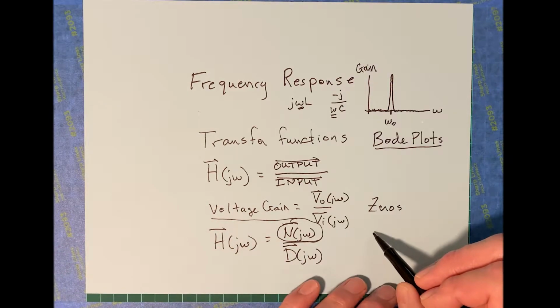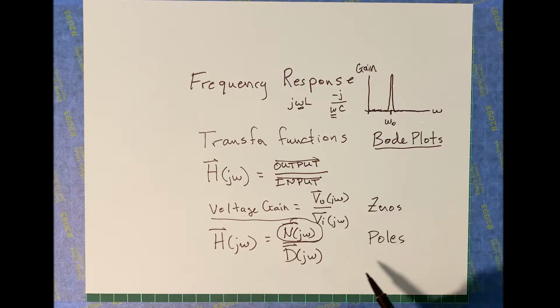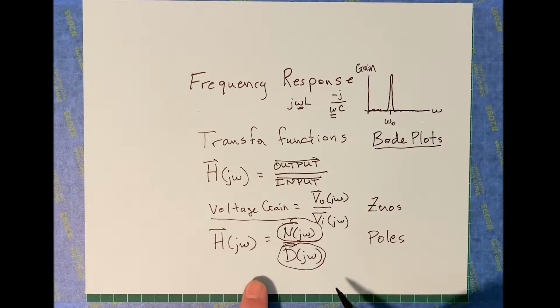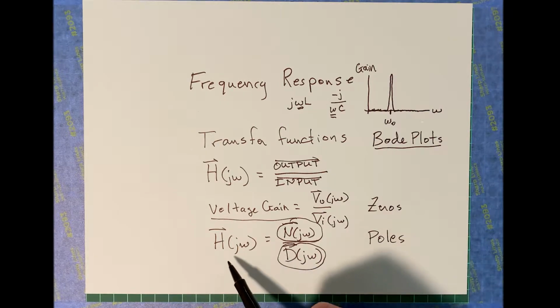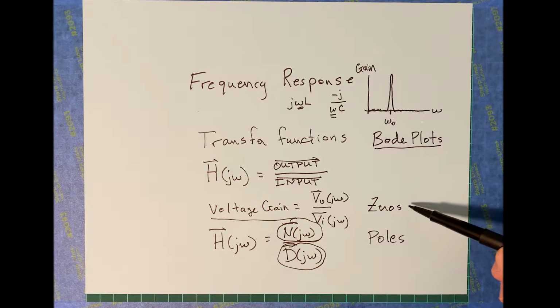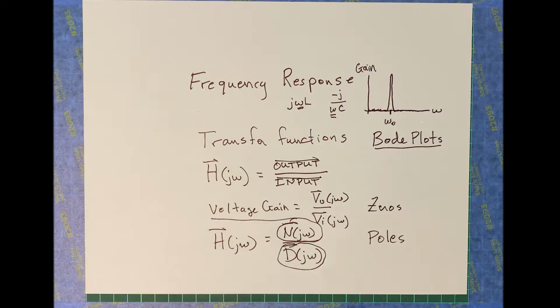That makes sense. The other thing are called poles. Poles are really where the bottom is 0. And if you think about that, when the denominator is 0, the transfer function is going to be infinite at that point. So you'll spend some time finding poles and zeros as you get further and further into transfer functions.